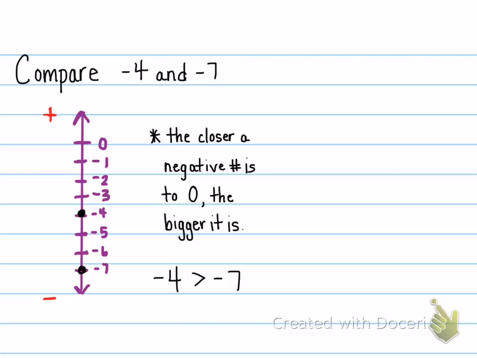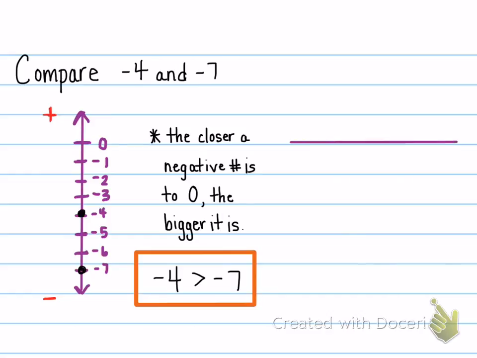You can see the exact same thing using a horizontal number line. So if I draw a horizontal number line here, and I put my arrows on the end, and I know I have to have -4 and -7 on the number line, I'm going to start here.